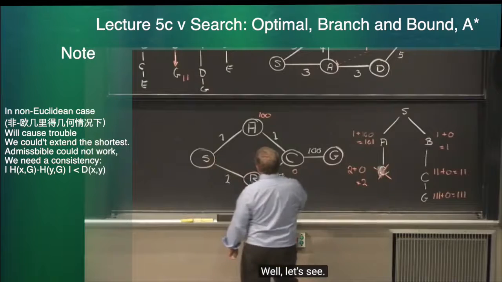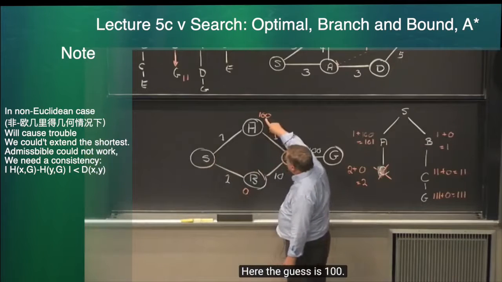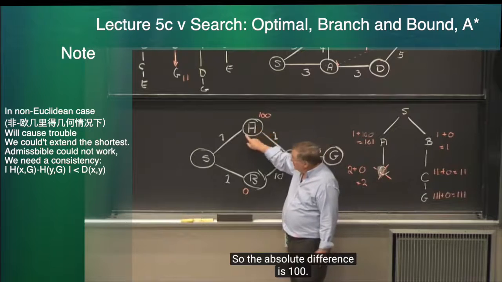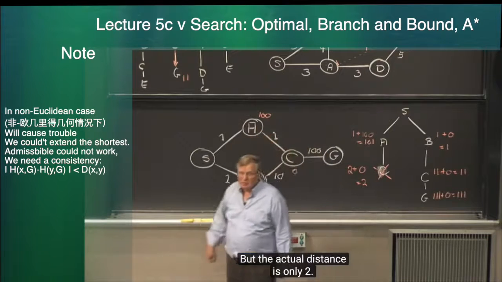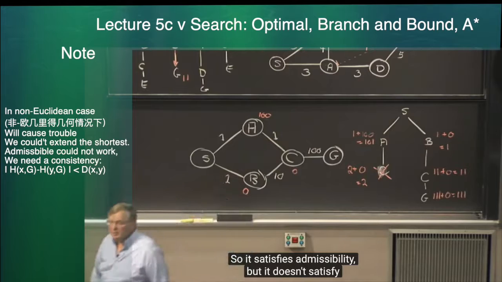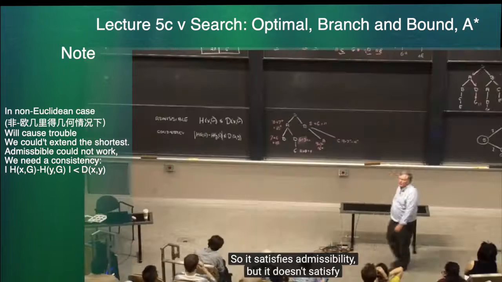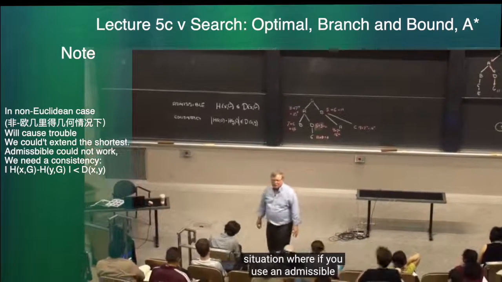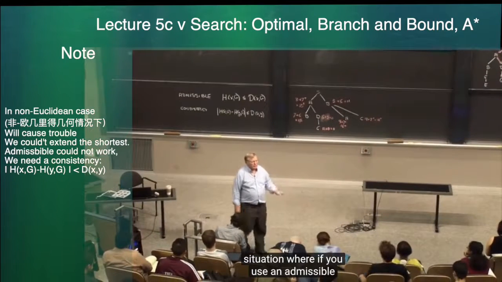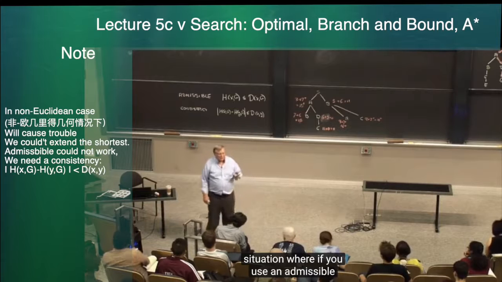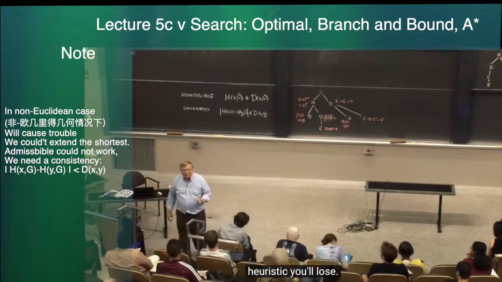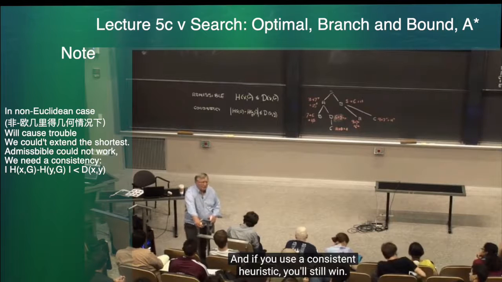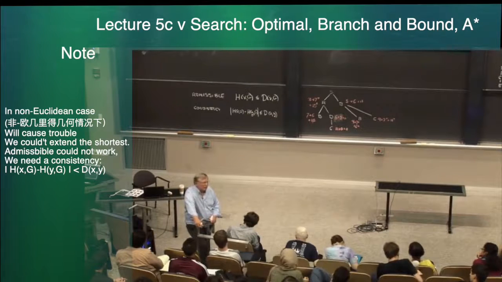Well, let's see. Here the guess is 100, here it's 0, so the absolute difference is 100, but the actual distance is only 2. So it satisfies admissibility, but it doesn't satisfy consistency, and it doesn't work. So if you use an admissible heuristic, you can lose. And if you use a consistent heuristic, you'll still win.